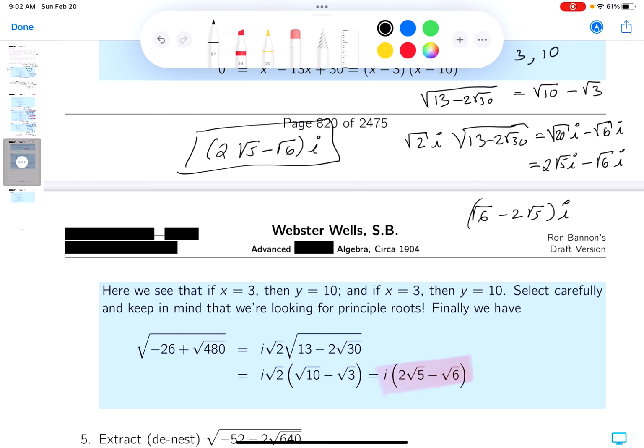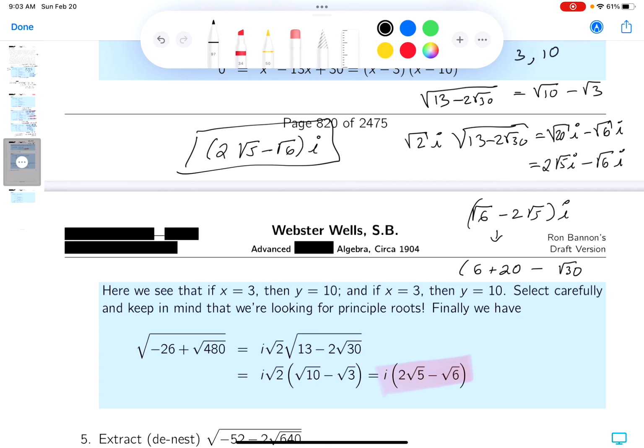All right? I want to point out, one way to check this is just square the numbers. All right, let's do that. Let's square this guy. And what do you get there? 6 plus, well, what do you get there? You get 4 times 5 is 20. And then minus, we're squaring, right? So we get root 30.